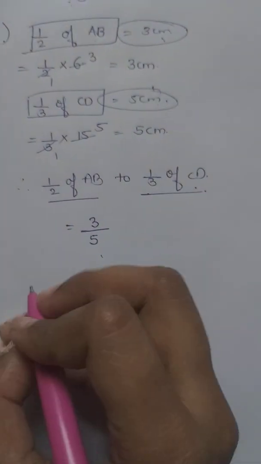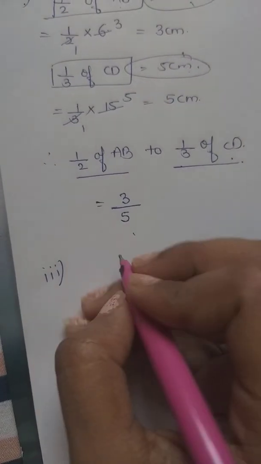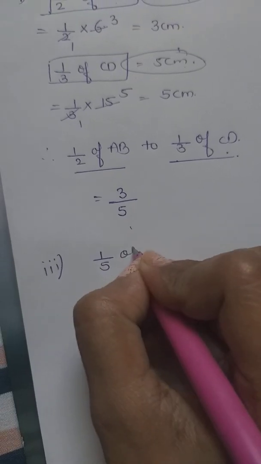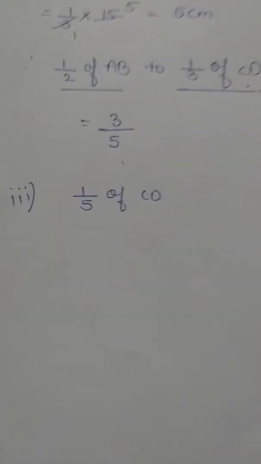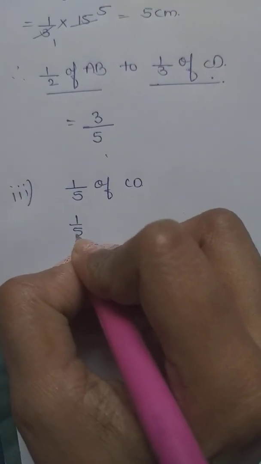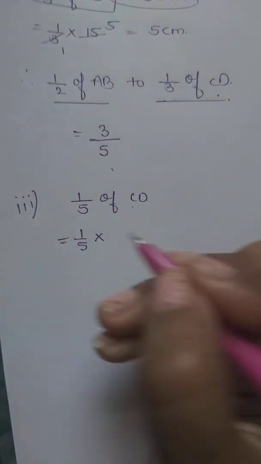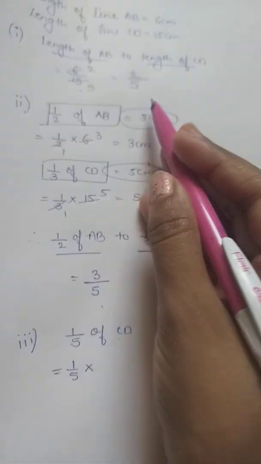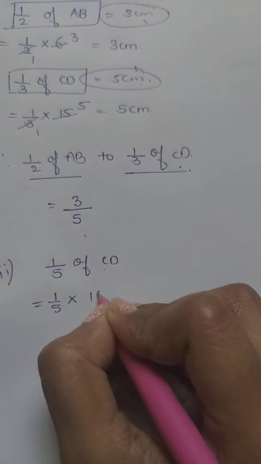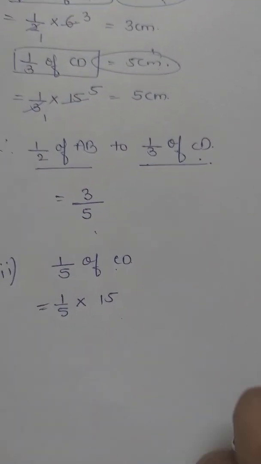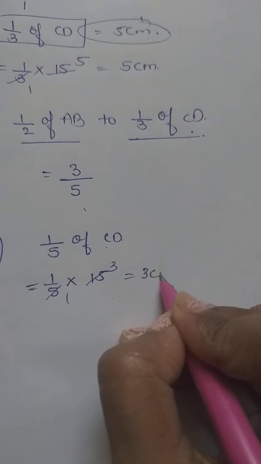Now the third one. It is written in the question 1/5 of CD. It is clear how to find 1/5 of CD: 1/5 multiplied by CD. CD is equal to 15 centimeter. Which table? 5 3s are 15, that is 3 centimeter.